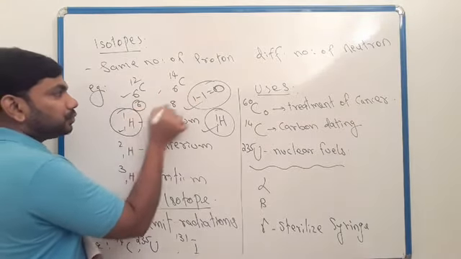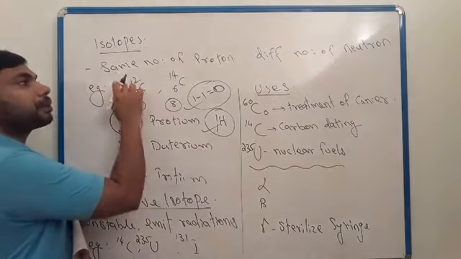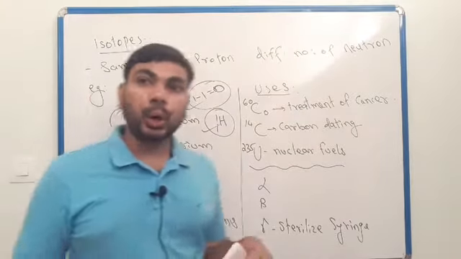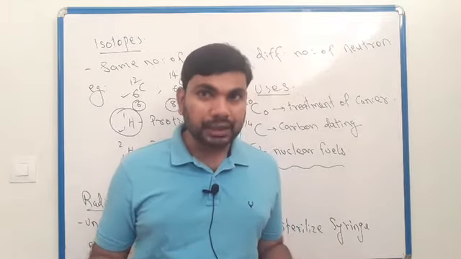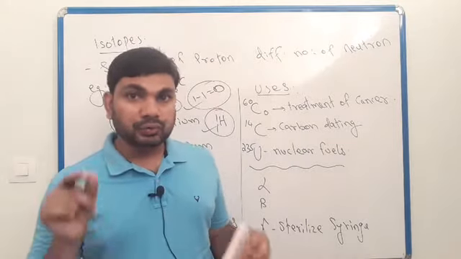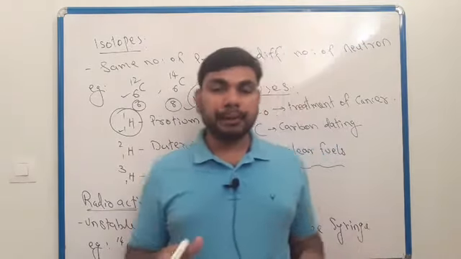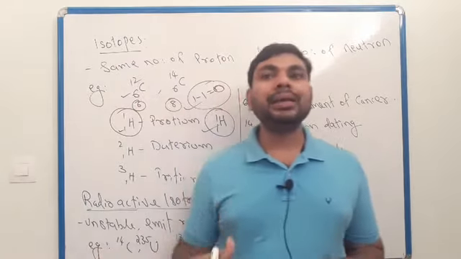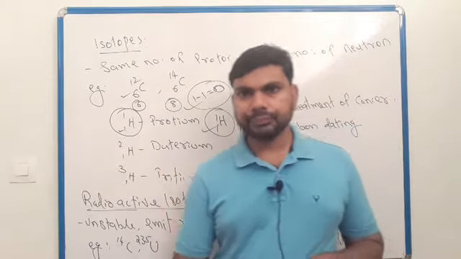So the number of neutrons will be different. So for isotopes, the atomic number or proton number is the same, and the mass number or nucleon number will be different. Clear? This is about isotopes.